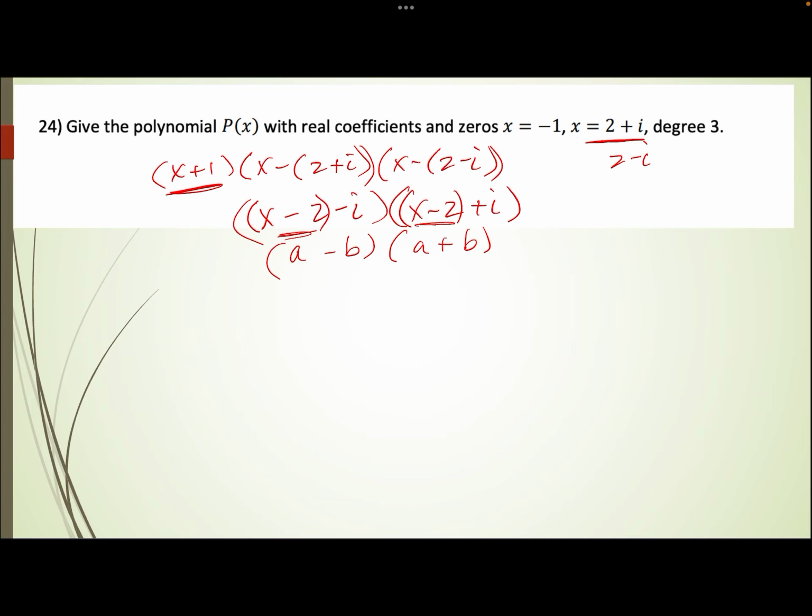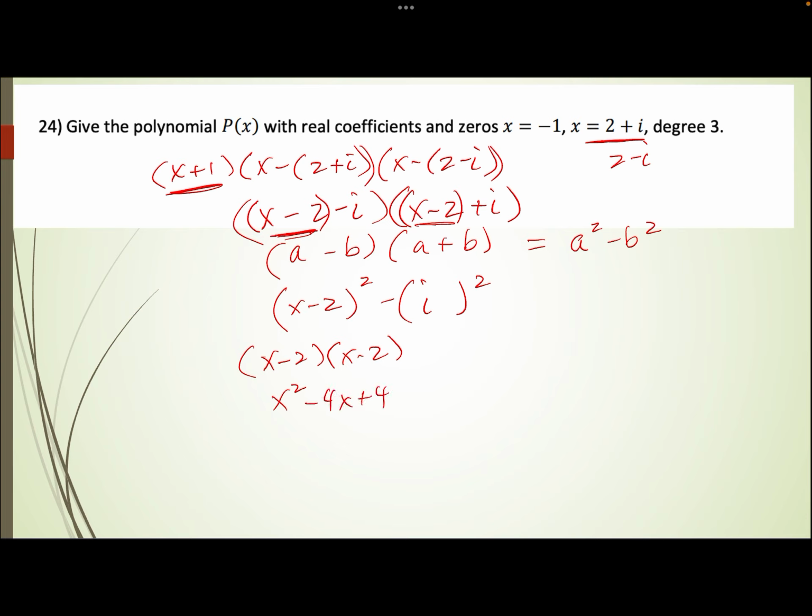Well, remember, a minus b times a plus b is a squared minus b squared. So I can go like this, a squared minus b squared. My a is x minus 2, and my b is i. So x minus 2 times x minus 2 is x squared minus 4x plus 4. And then minus i squared is minus negative 1. So again, I get x squared minus 4x plus 5.